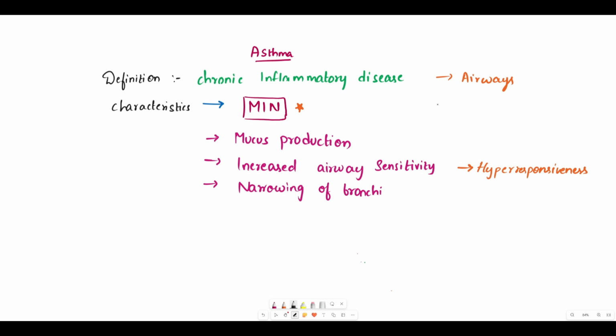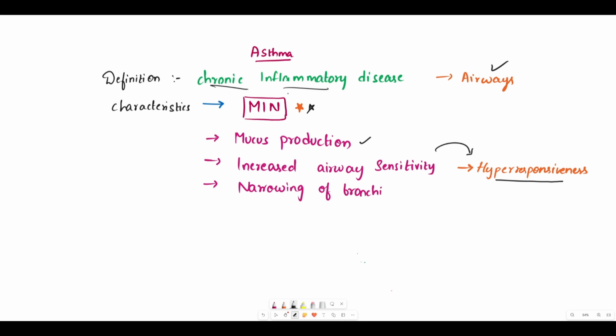So let's start the class with the definition of asthma. Asthma is a chronic inflammatory disease that usually happens in the airways, and it has many characteristics. To remember those characteristics, just remember one simple trick, that is MIN, where M means there is excessive mucus production in asthma, I means increased airway sensitivity can be seen, which we can also call hyper responsiveness, and N means narrowing of the bronchi can be seen.